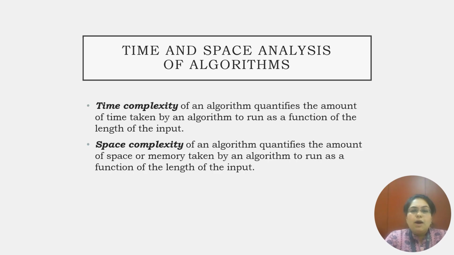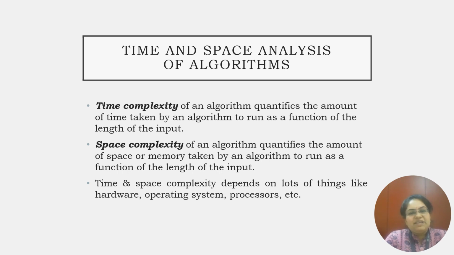If we talk about algorithms time and space complexity analysis, then the time complexity of an algorithm quantifies the amount of time taken by the algorithm to run a specific function which has this specific length of input. A valid algorithm takes a finite amount of time for execution.